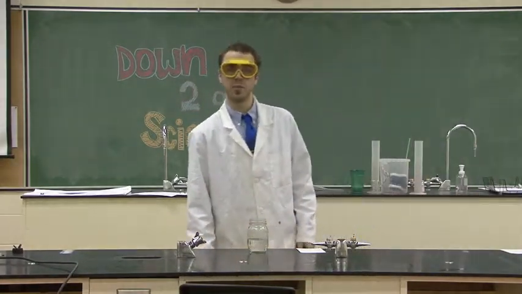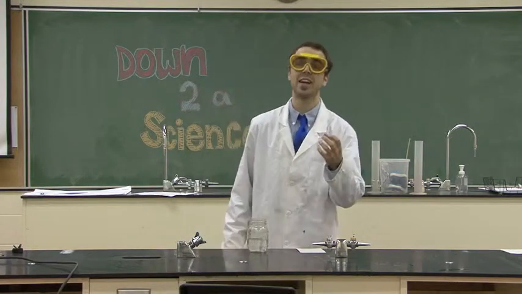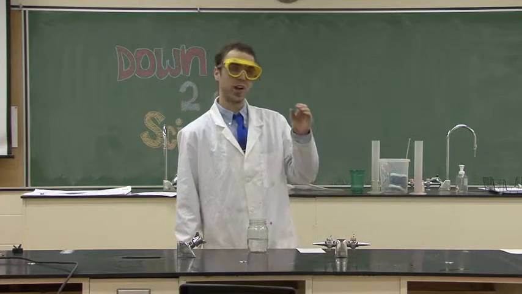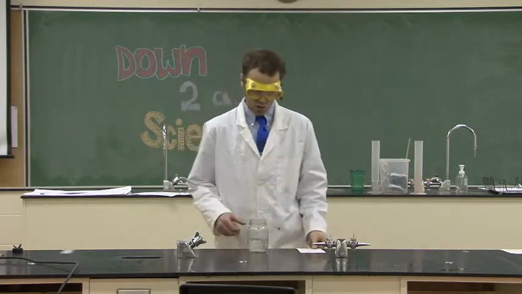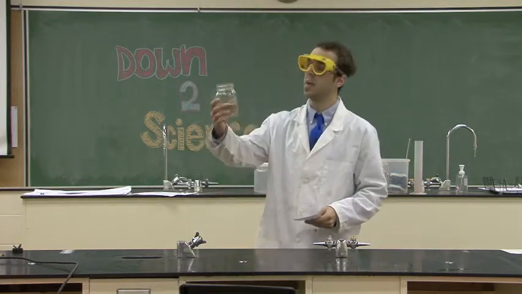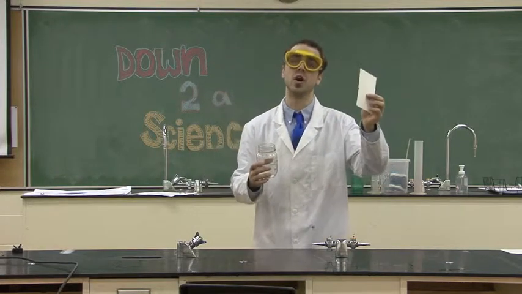Let's look at our third example. We've already looked at how atmospheric pressure can push on an egg and get it sucked into a bottle. And we've even looked at how pressure coming into the bottle can push the egg back out. Well, let's look at atmospheric pressure in a different view. Here I have a mason jar filled with water. And here I just have an ordinary cue card.